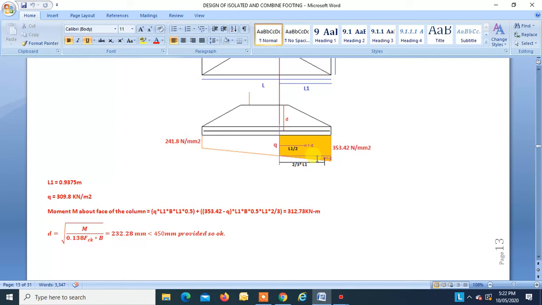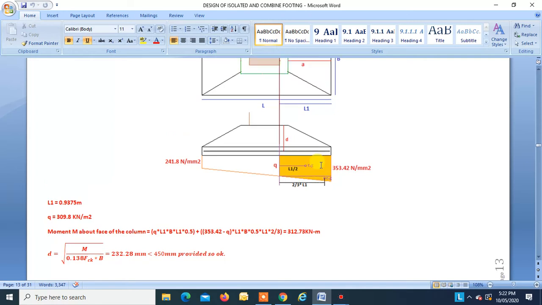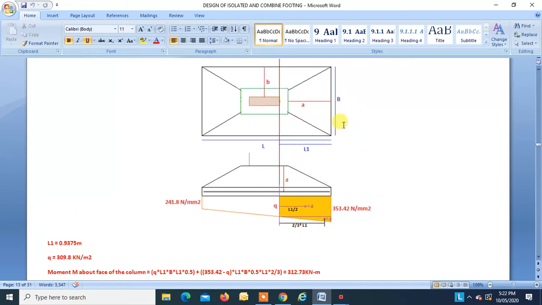Now you take the triangular portion. Similarly, this will be Qmax minus Q, into L1 into 0.5 is the area of this triangle, into B is the total area, and you get the total force acting at this CG.